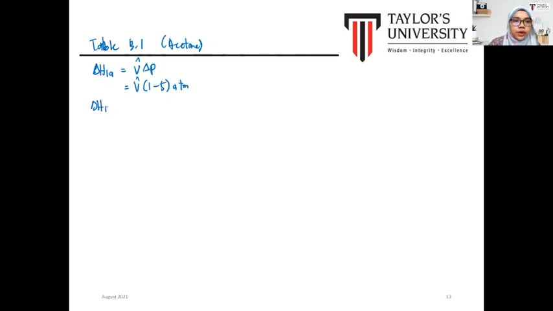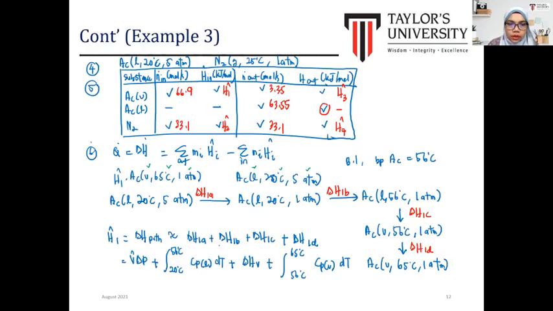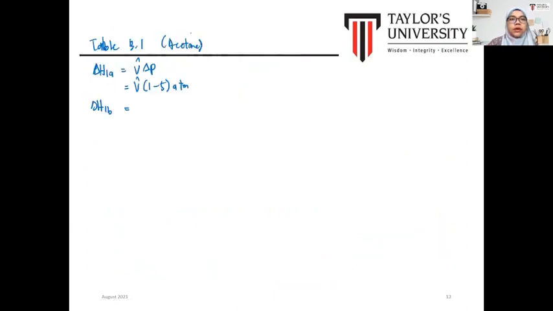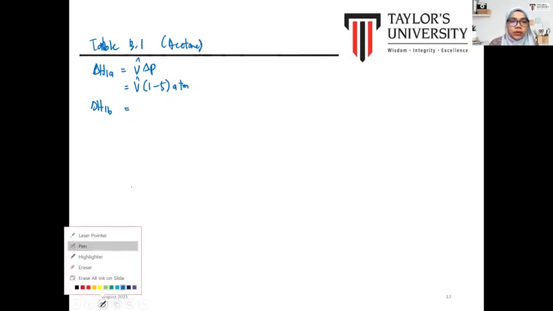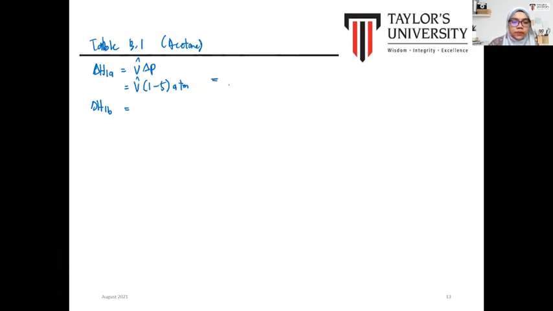Delta H1B involves the Cp, so all the information is listed in table B1. For these, I will give you the answer: this is equal to 0.0297, this is 4.68, and then delta H1C, delta H1D is equal to 0.753.